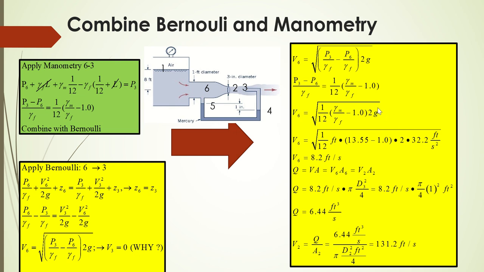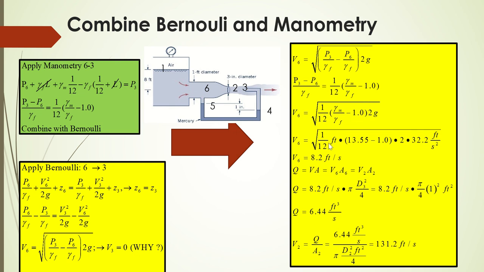And so if I combine manometry and Bernoulli, I will see that V6 is equal to the square root of (1 over 12 times gamma sub m, divided by gamma sub f, minus 1.0) times 2g.